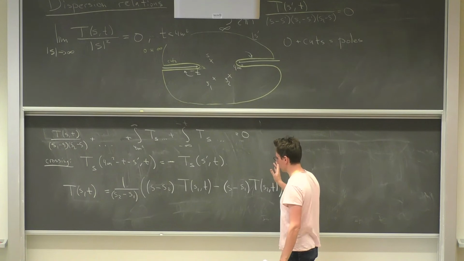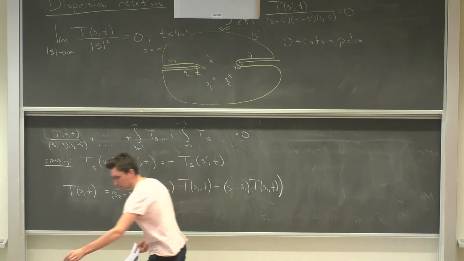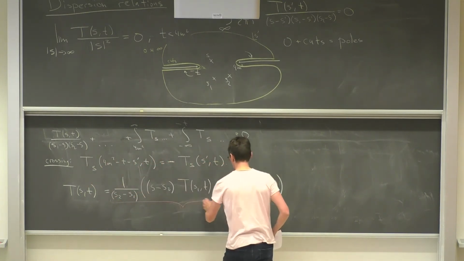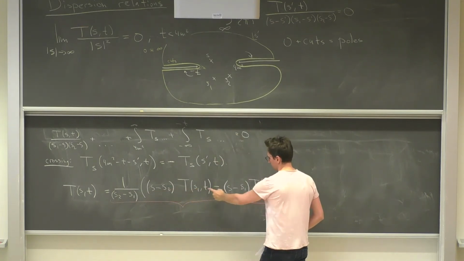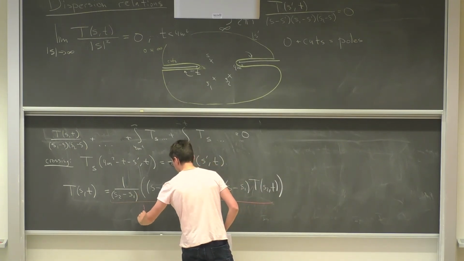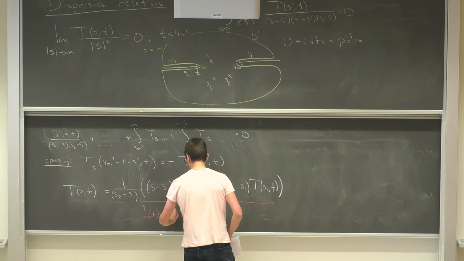I just chose them at will. And you see that here we have these terms. This is just a polynomial in s. It's linear in s, and it depends on t. So we can write it as some f0 of t plus s times f1 of t.